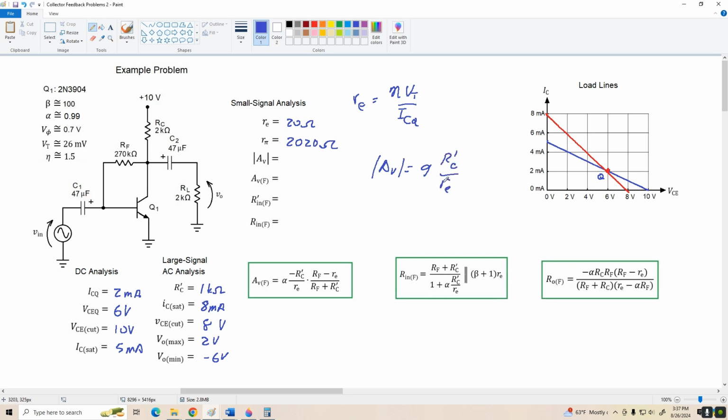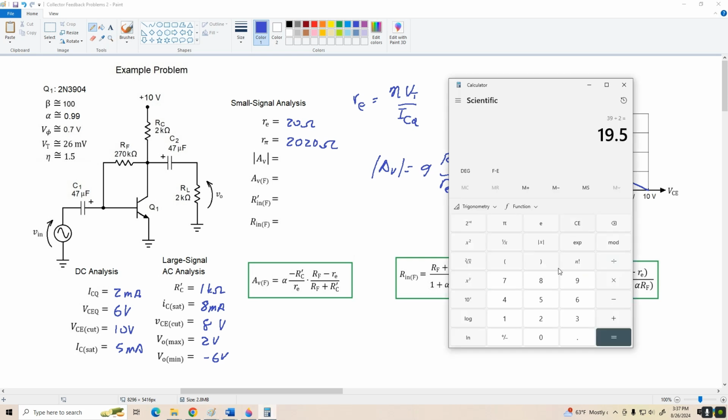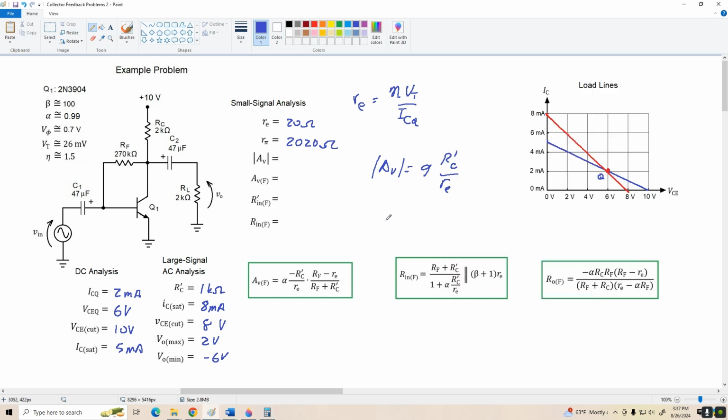R prime C is 1000 ohms divided by 20 is 50 times 0.99. Let me call up the calculator here. And we've got 50 times 0.99. It's 49.5. We could call it 50, but we'll go with 49.5, okay?